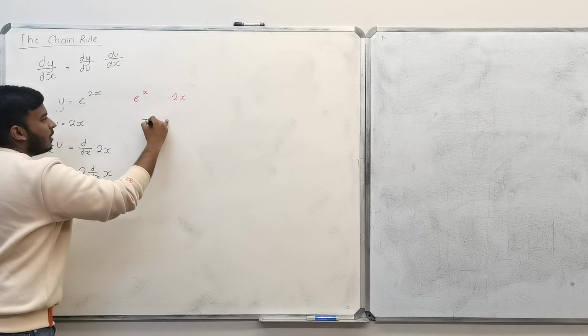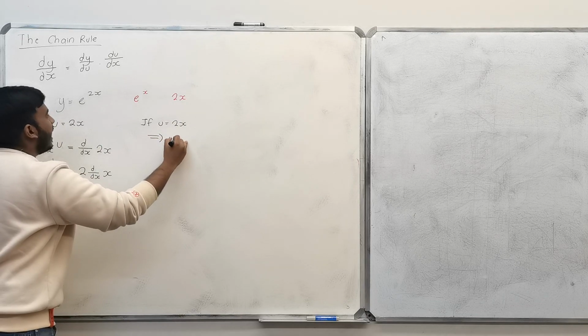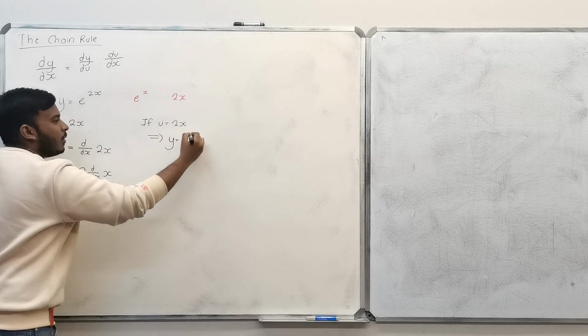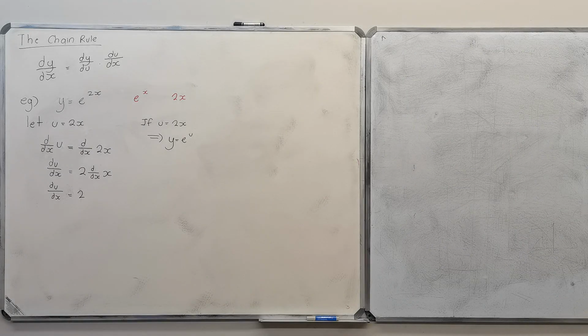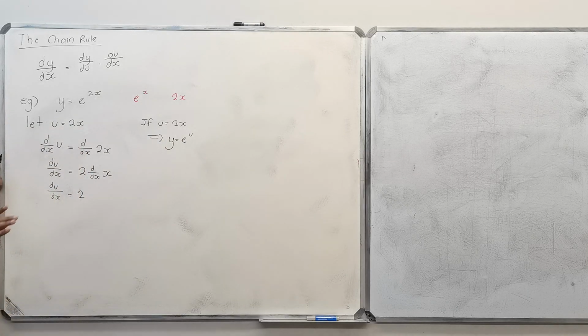So if u is equal to 2x, this implies that y is equal to e to the power u. With me? Okay? Because I just called 2x u, so I replaced the 2x here with u. Now what's my independent variable?